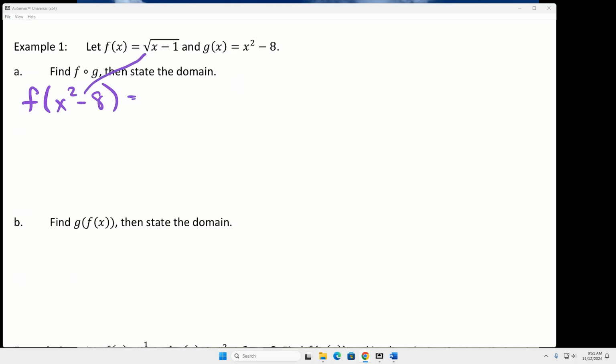So we're going to replace that x that is underneath the square root with x squared minus 8. And then we still have that minus 1 that we subtract from it. Okay, so then we need to simplify underneath there.